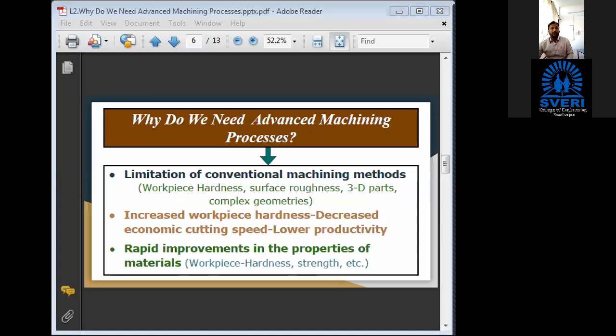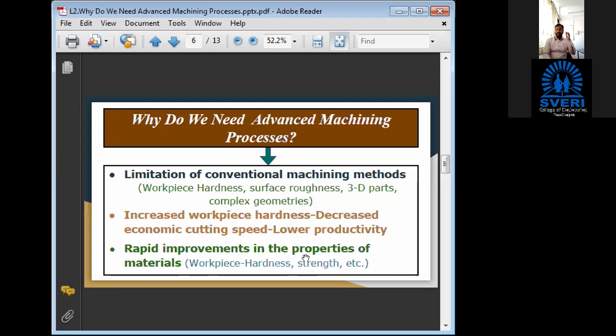Nano level surface finish means the surface roughness Ra value should be in the range of 1 nanometer to 999 nanometers. Up to that range of surface roughness value, some industries are demanding in their product.